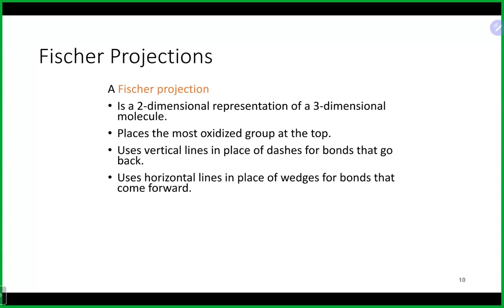And typically, if you see dashes, that's also what it represents, kind of three-dimensional, like behind the paper. We use horizontal lines and wedges to indicate things that are coming forward. So sometimes you'll see drawings where they'll do lines like that, where that group is kind of going behind the paper, and then sometimes they'll have a wedge that's just sort of coming out of the paper and stuff like that.